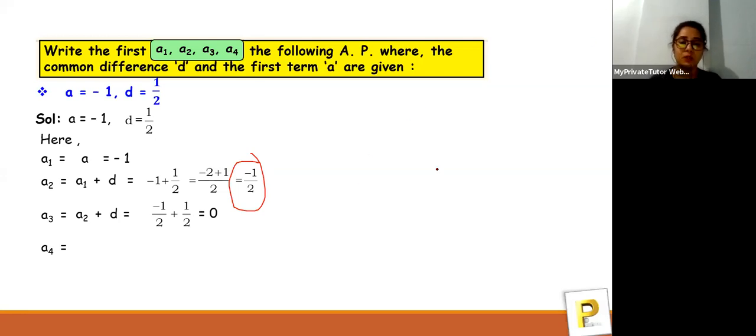So let's see. Okay, you guys tell me what will be this last term. Come on, quickly solve this. The difference that you have, just add to A3 and tell me what will be your A4. That is the fourth term of this AP. Very, very easy question.